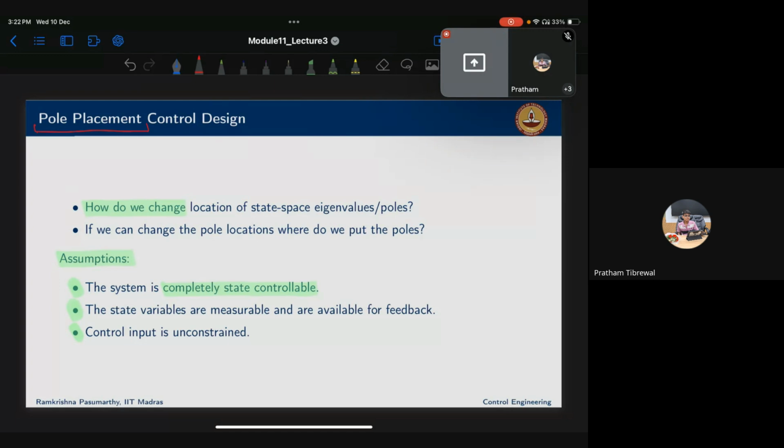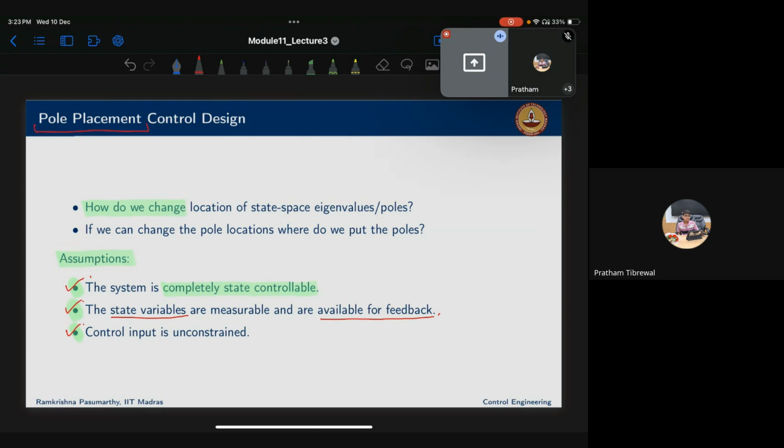So before going for the pole placement design, our first step is to check whether the system is controllable or not. Then all these states must be available for the feedback. Third, we should not have any constraints on the input signal. Is this clear?